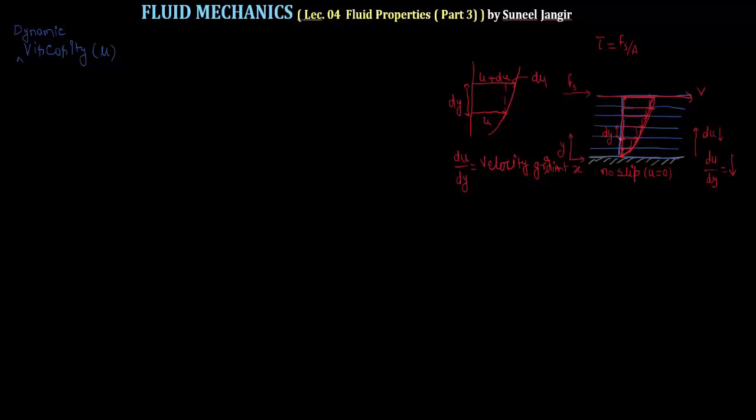Now again, as the velocity difference between two layers decreases, the shear stress is also going to decrease, because when we are moving from bottom to top, the layers are moving faster and faster, meaning the resistance is going to reduce from bottom to top. This is 0, here the stress is maximum, and as we are moving from the bottom to the top layer, the stress is going to reduce here.